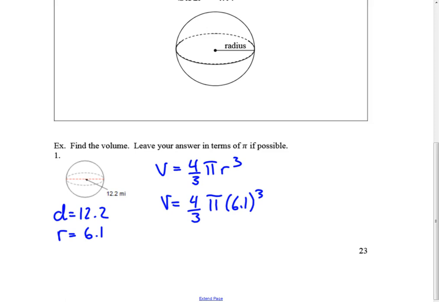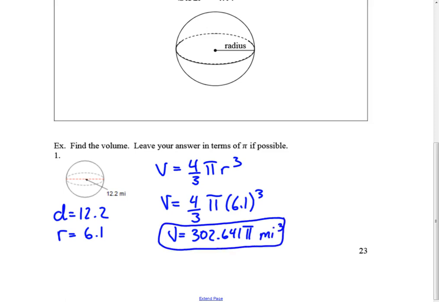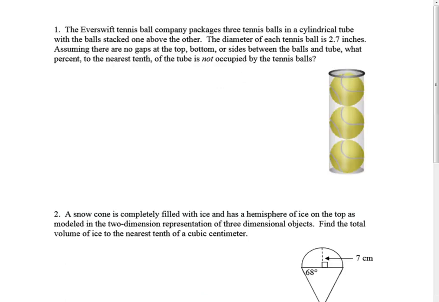So this would be 302.641 pi. Miles cubed. We can leave the units off, but they're always cubic units when we're dealing with volume. So as you can imagine, that's really straightforward.